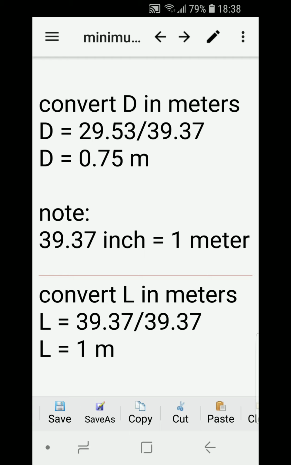We just divide by 39.37 because 39.37 inches is equal to 1 meter. So we got D as 0.75 meters. We do the same for L. We divide by 39.37. We got 1 meter as our length.